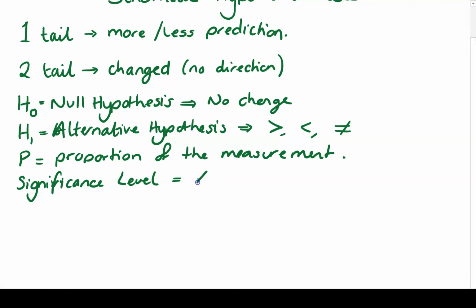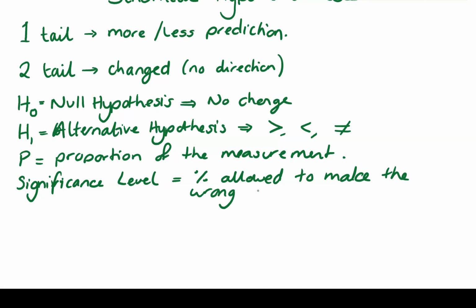It's the percentage allowed to make the wrong conclusion. So, for example, a 5% significance level would say, okay, I've allowed myself to be 5% wrong, or there is a 5% chance of me making the wrong conclusion.